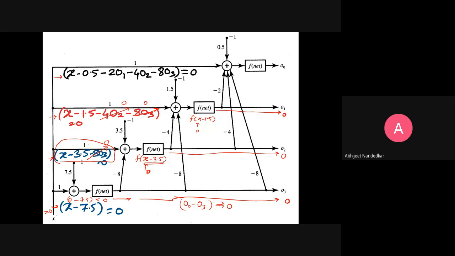Now come to the first neuron, that is the 0th position. You can see this is 0, this is 0, and this is also 0. So these are all zeros. So what is finally implemented is x minus 0.5. Since my input is suppose 0, 0 is less than 0.5, so this will also transmit 0.